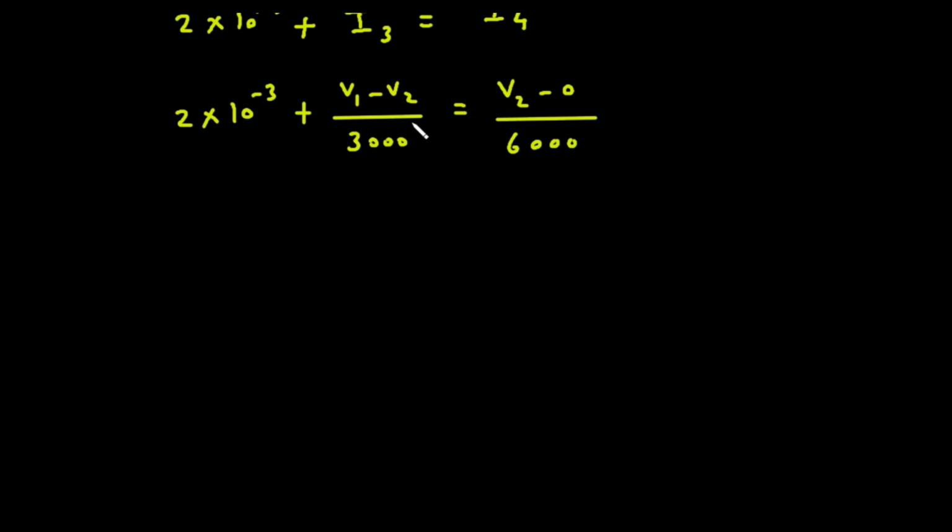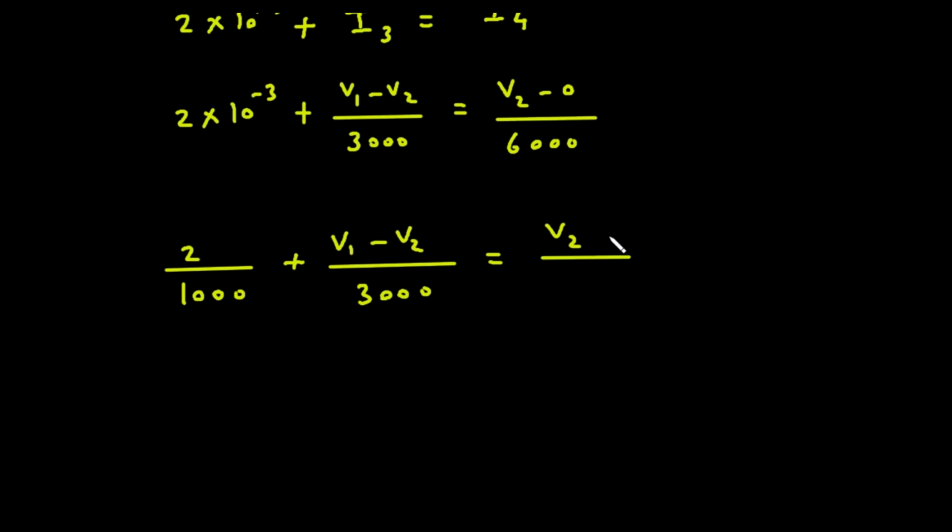So now what we will do, we can write this 2 into 10 to the power minus 3 as 2 divided by 1000, then plus, now here it will be V1 minus V2 divided by 3000 is equal to V2 divided by 6000.